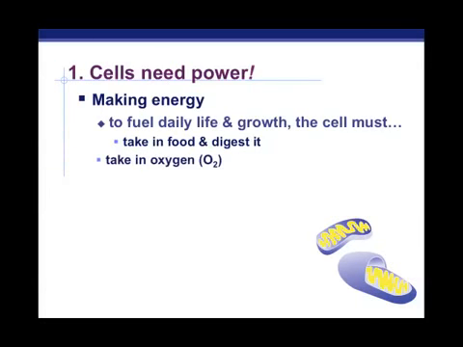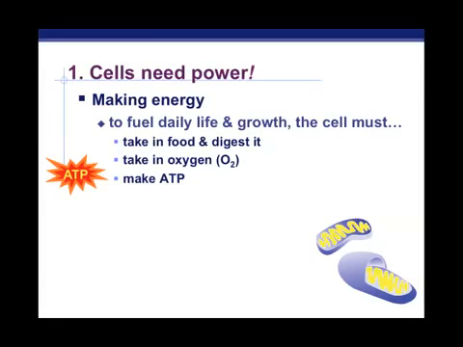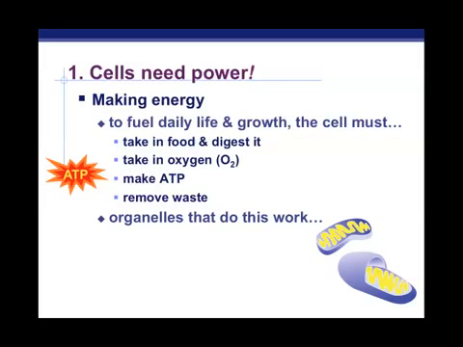So they need food, they need oxygen, and those two things make ATP. And then once they take in that stuff, they got to eliminate the end product, which is carbon dioxide. That's one of them. And it's the organelles that do this.